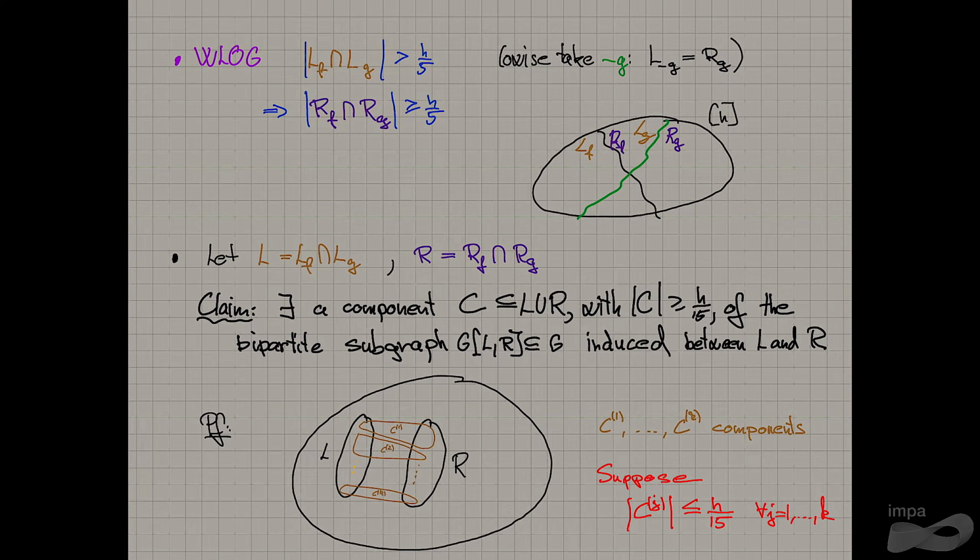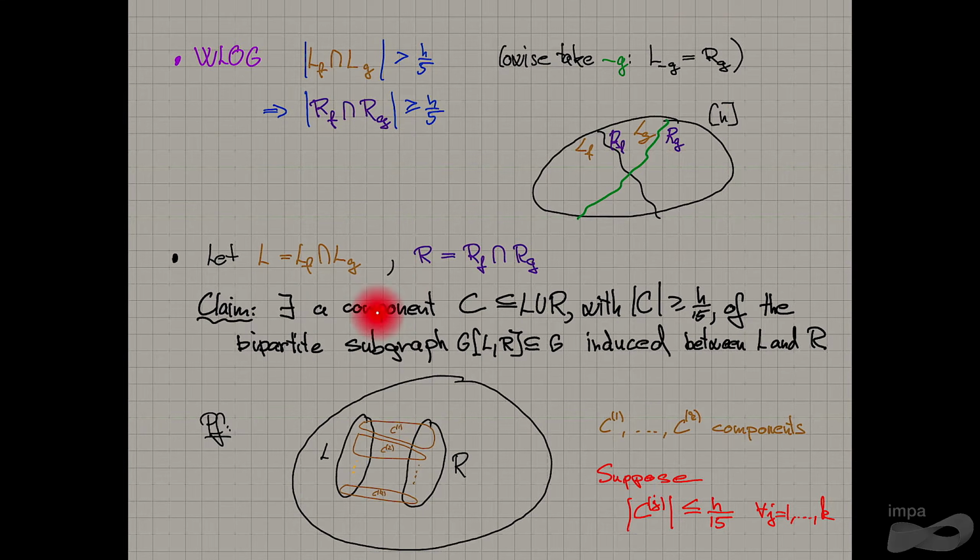So if you had a small intersection with the left side of F, then now you will have a large intersection with the left side of F. It's going to be at least a quarter, or to avoid the rounding down, n over 5. And if the left sides have a big intersection, then since the right sides are the complement, they also have a big intersection. And that's good, because I want a big piece which is on the left for both functions and on the right for both functions, because then I know which way to go.